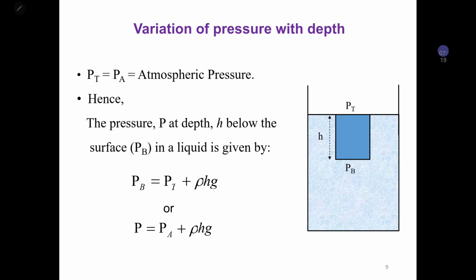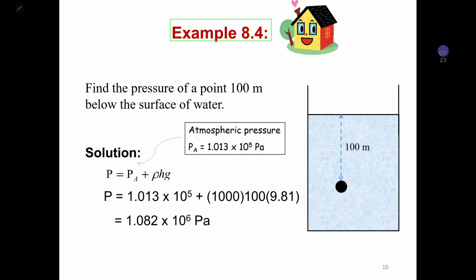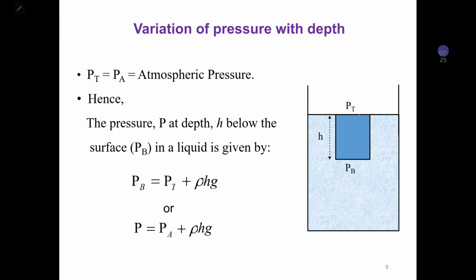If you look at the figure, the pressure at A, PA, is equal to atmospheric pressure, because there is only atmospheric pressure over there. But if you want to know the pressure at point B, you need to sum up the atmospheric pressure and also rho g h.